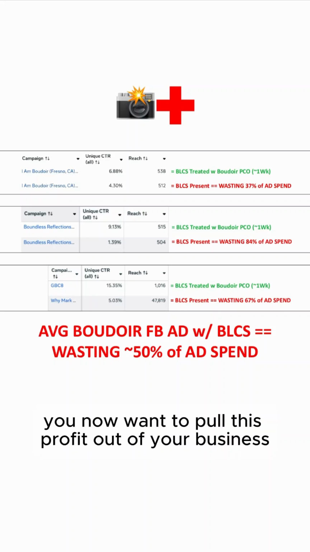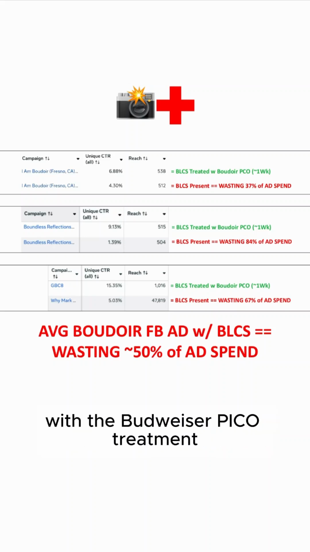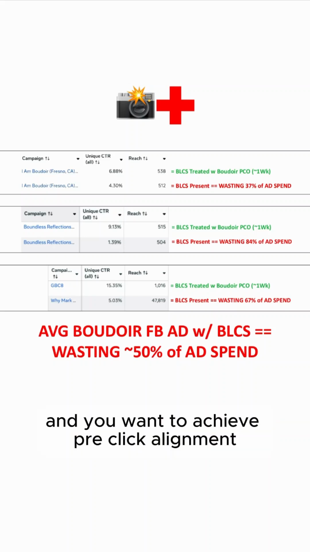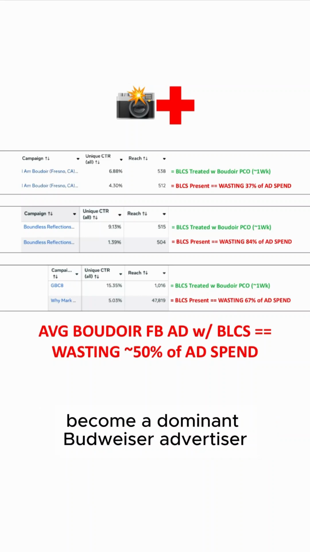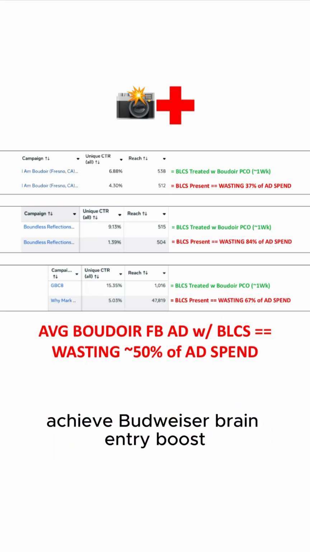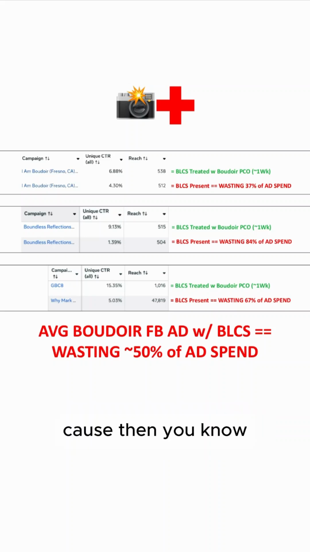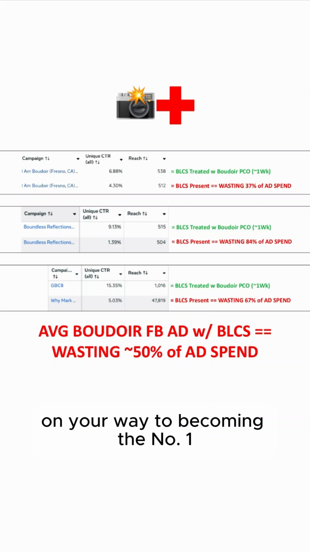You decide you now want to pull this profit out of your business with the Boudoir Pico treatment, and you want to achieve pre-click alignment, become a dominant Boudoir advertiser, achieve Boudoir brain entry boost, on your way to becoming the number one boudoir photographer in your city.